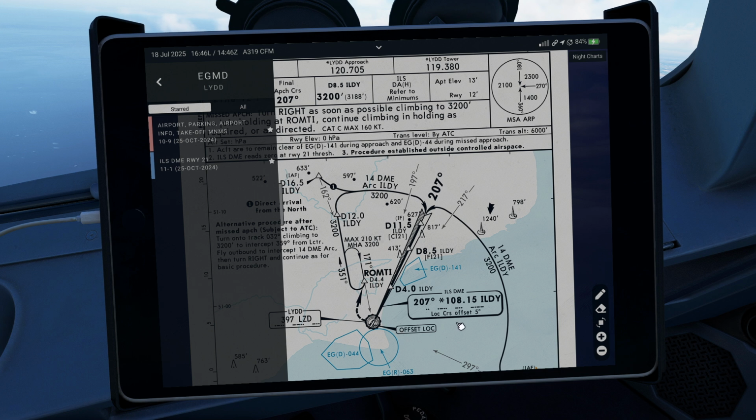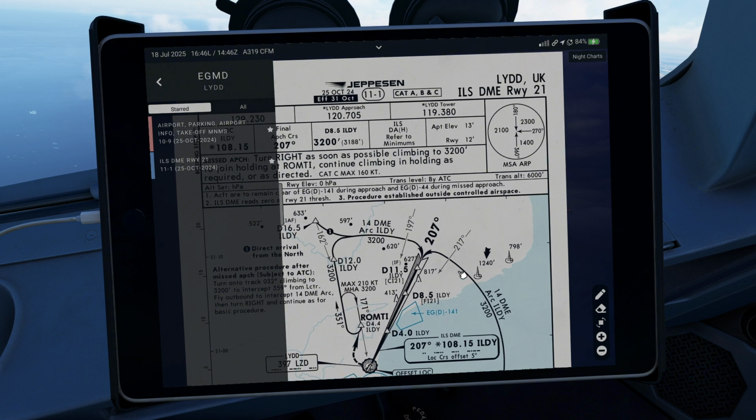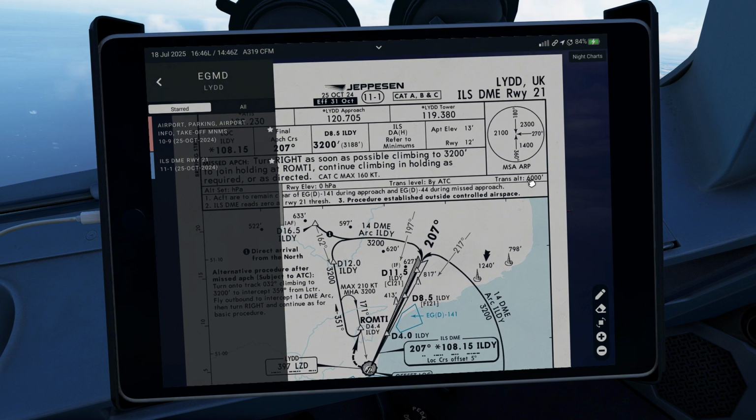But today you see that the localizer course offset is almost 5 degrees and the approach procedure is based on ILS DME runway 21, not localizer DME runway 21.